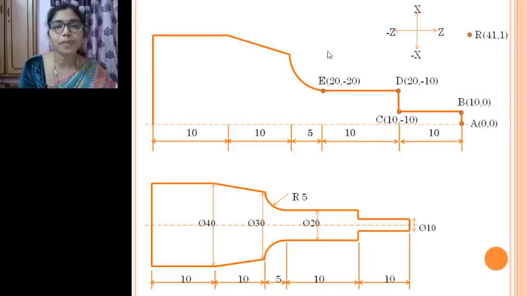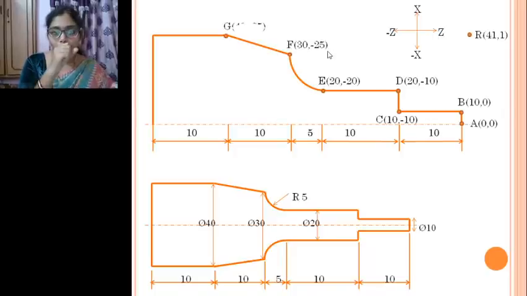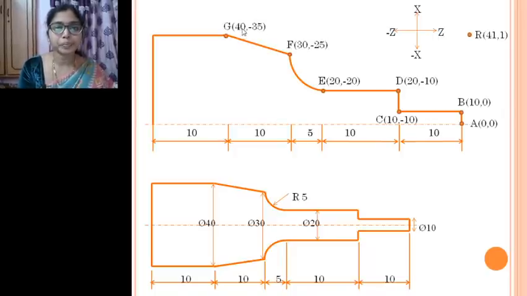And in the same way, if you take the next point, 40, what is this diameter? You can see from this figure, it is 40 diameter. So 40 and minus 35. We have moved minus 35. So from here, 10, 20, 30 and 5.